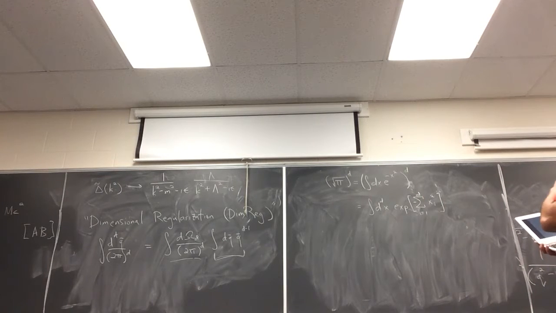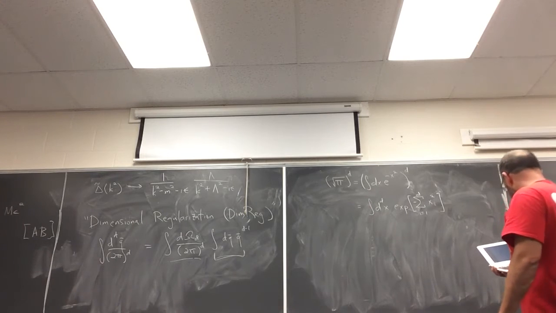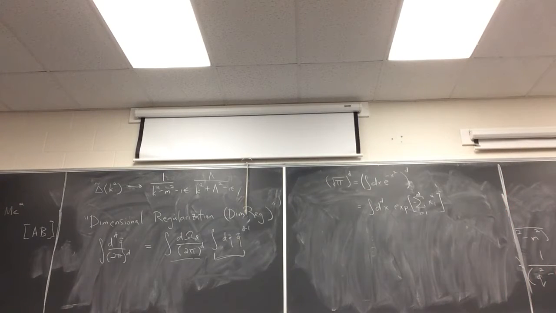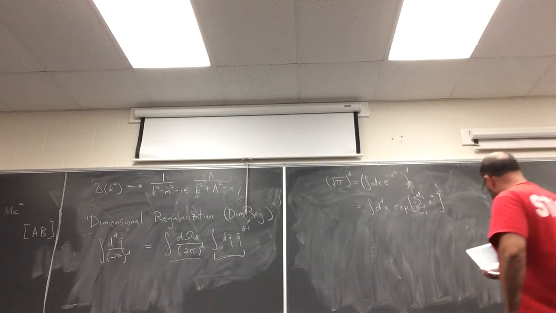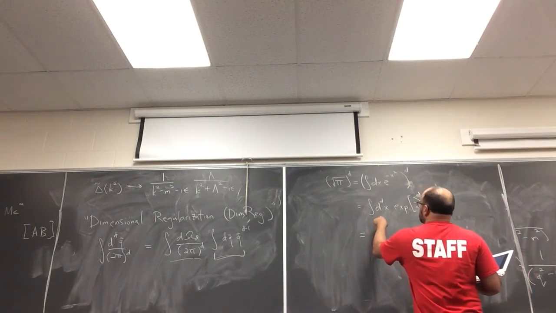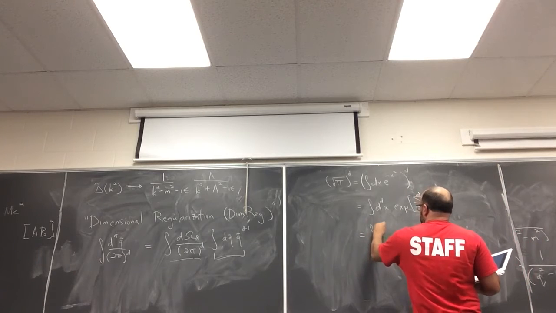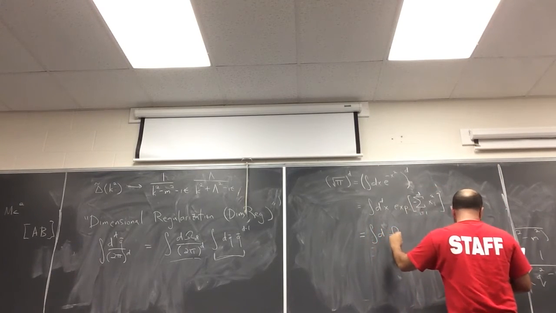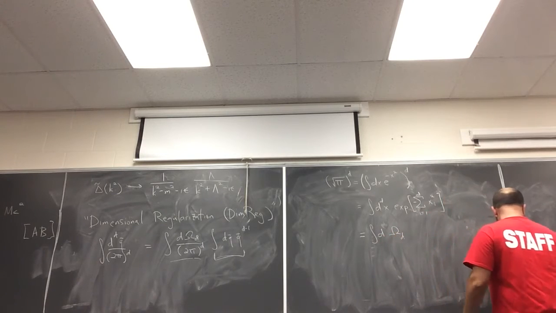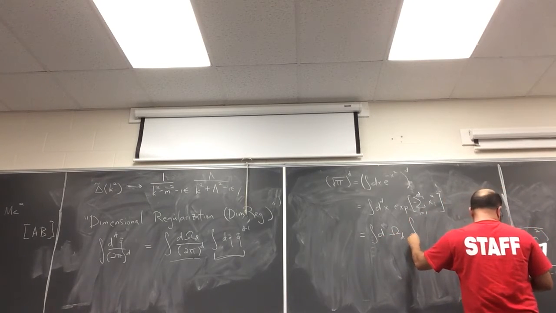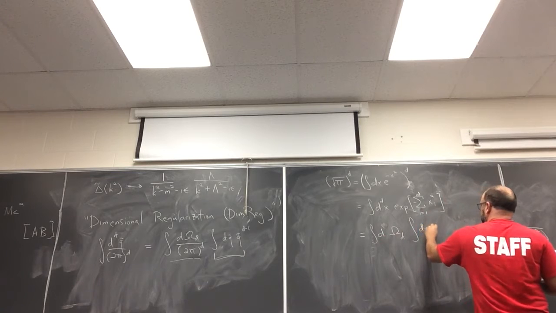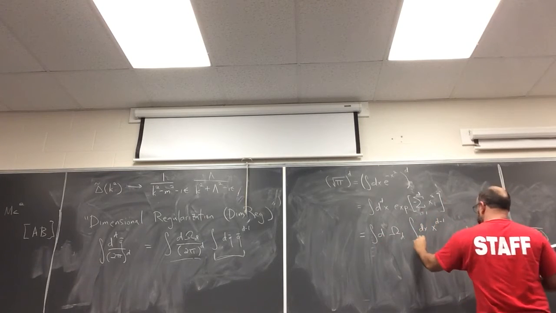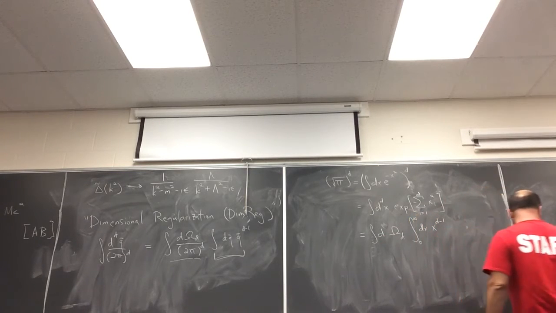And now let me transform this into spherical coordinates. So here I have integration over the angular part in d dimensions, and here I have dx times x to the d minus 1 from 0 to infinity. So this is the radial part.